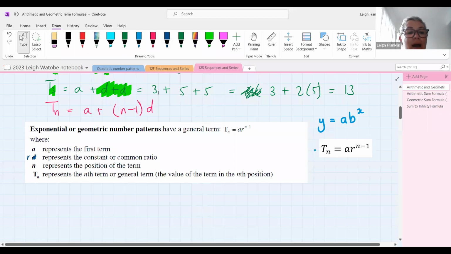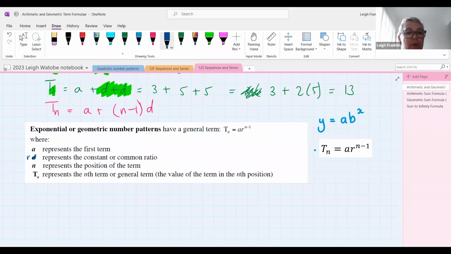Okay, so now let's think about a geometric pattern. If we have a look, let's say they give us 2, 6, 18, 54, and they tell us that they want us to determine the nth term.